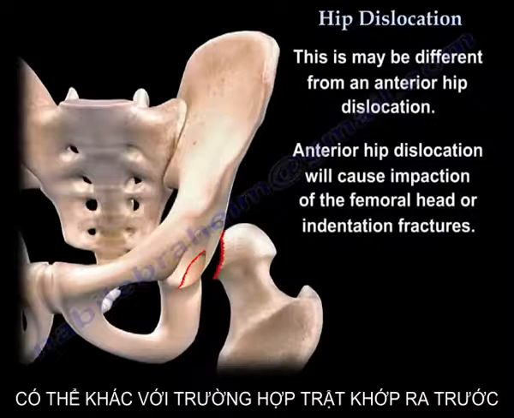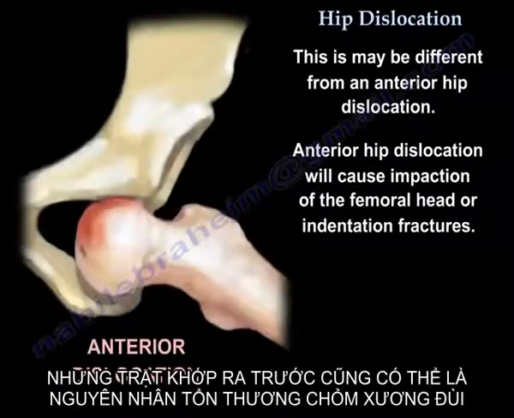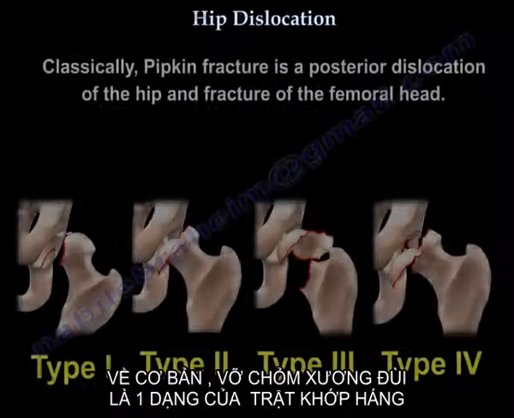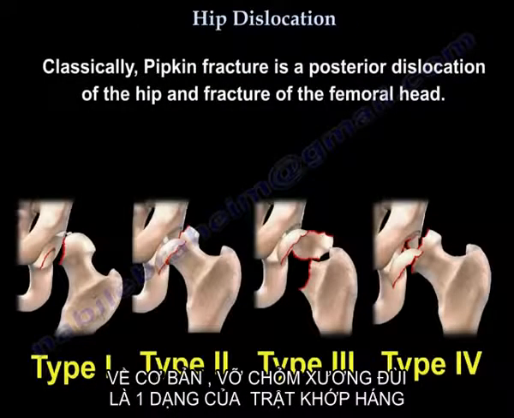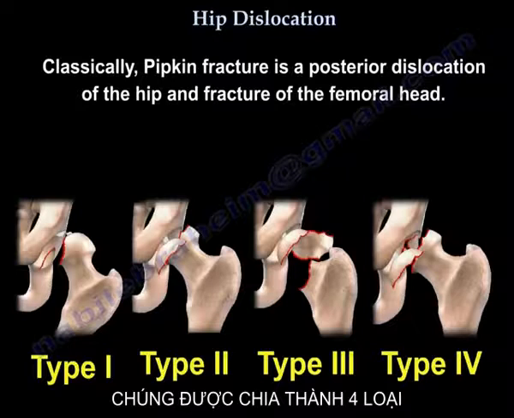This might be different than in anterior hip dislocation, which might cause impaction of the femoral head or indentation fractures. Classically, Pipkin fracture is a posterior dislocation of the hip and fracture of the femoral head, and these are the 4 types of Pipkin.